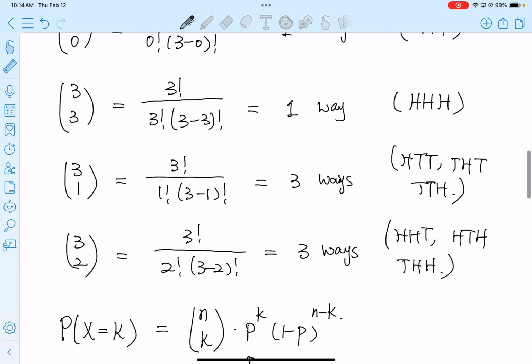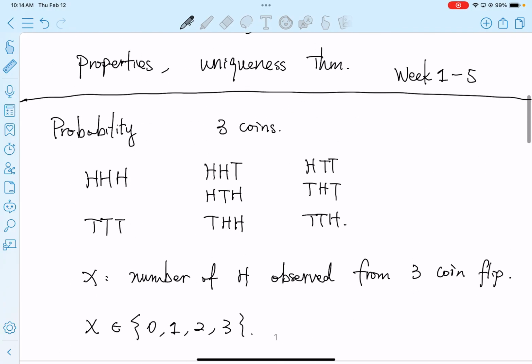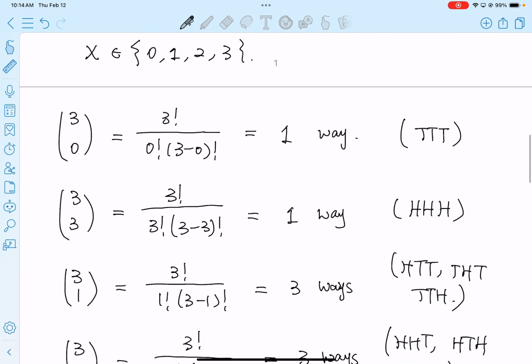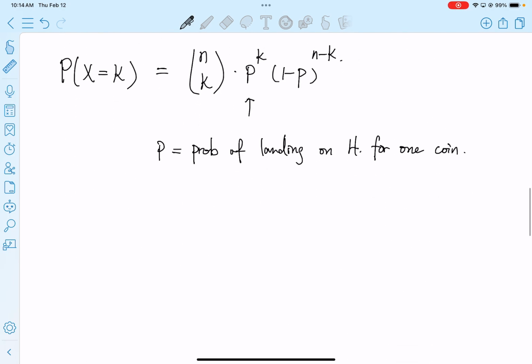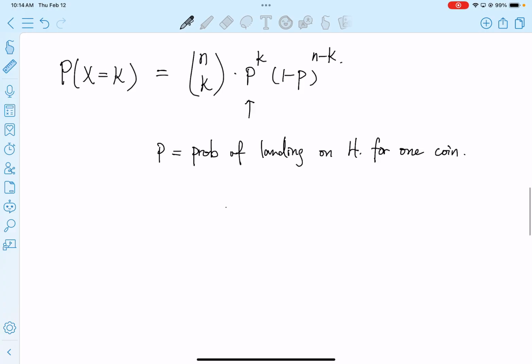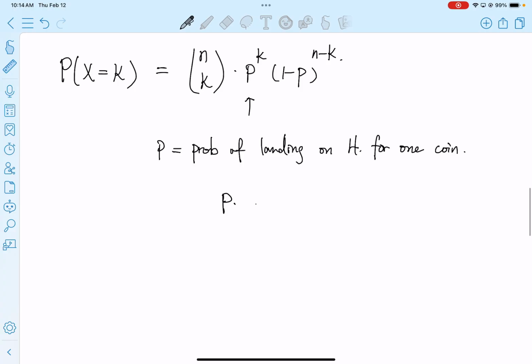So if you are in the outcomes that you will have 2 heads and 1 tail, then when you plug into this probability mass function, you will have k equal to 2, then you essentially have the probability of the second term and the third term, you will get p multiplied by p multiplied by 1 minus p.